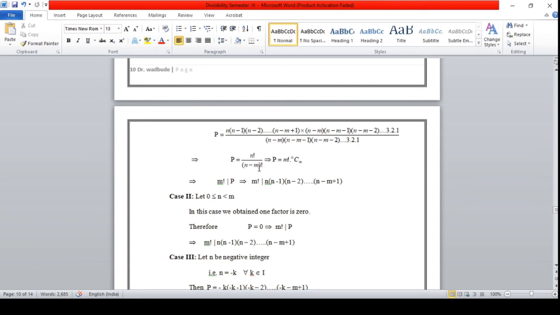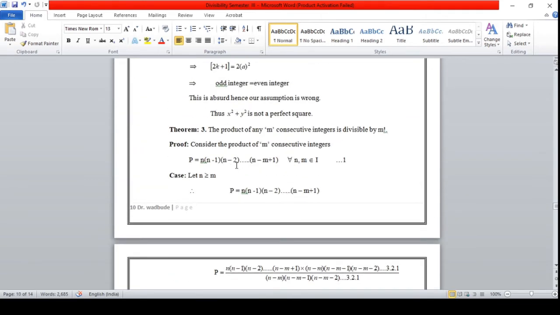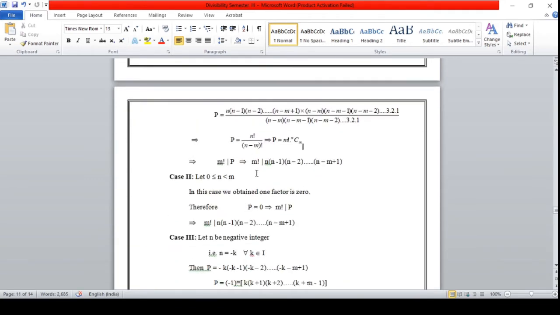This implies P is equal to m factorial times nCm, which is the value of the combination. So m factorial divides P, and P is the product of these consecutive numbers. So m factorial is a divisor of the product n minus 1, n minus 2, up to n minus m plus 1.